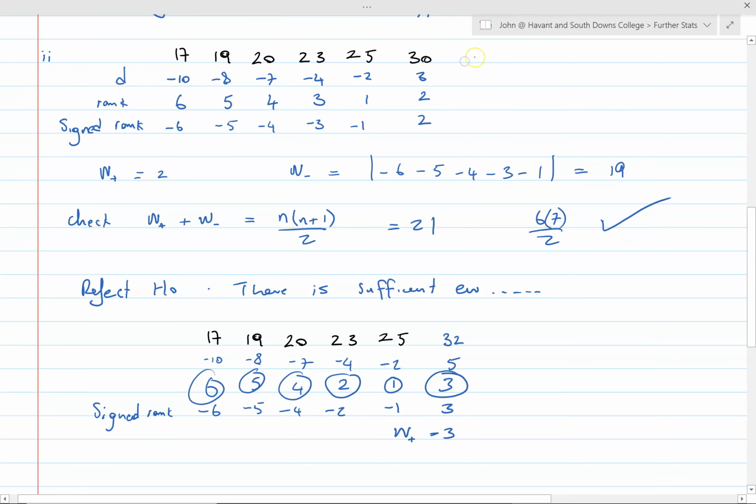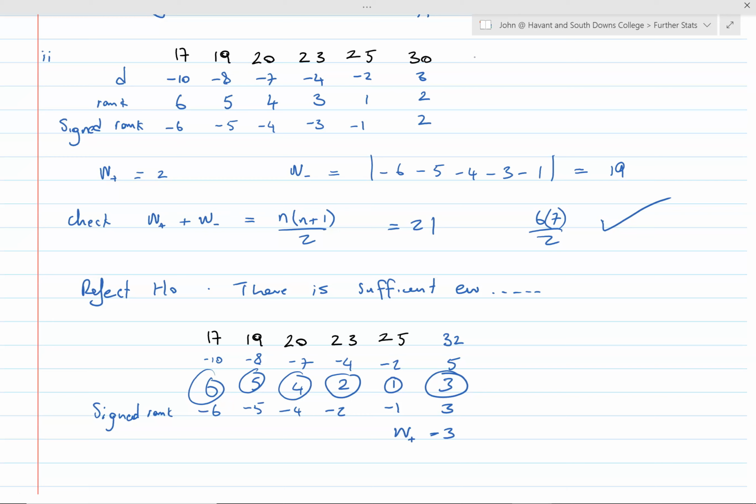So the signed rank test actually picks that kind of detail up, whereas the basic sign test using a binomial does not. It wouldn't have made any difference if the number was 400. Obviously, it would be silly to do such a test in those circumstances, but hopefully you've got the idea.